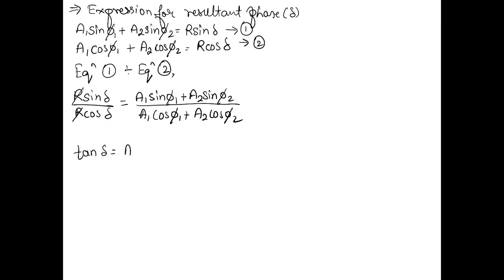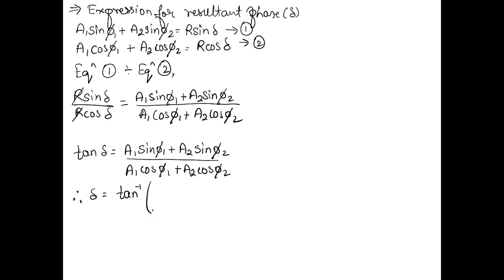Tan delta is equal to A1 sine phi 1 plus A2 sine phi 2 divided by A1 cos of phi 1 plus A2 cos of phi 2. So what is the value of delta then? Therefore delta is equal to tan inverse of this complete bracket: A1 sine of phi 1 plus A2 sine of phi 2 divided by A1 cos of phi 1 plus A2 cos of phi 2.